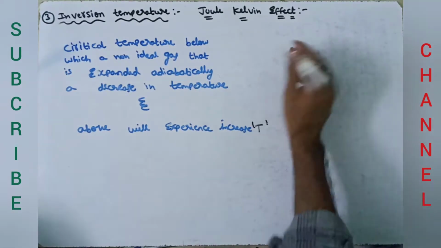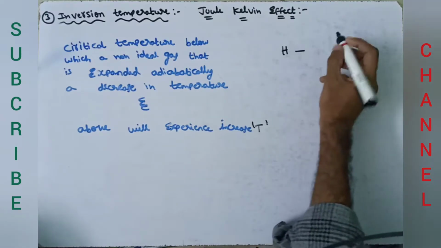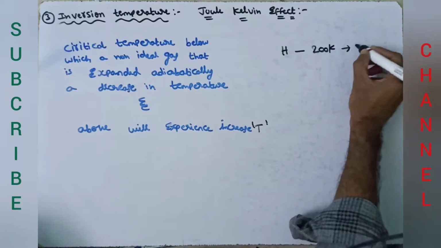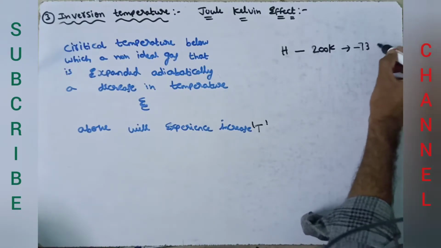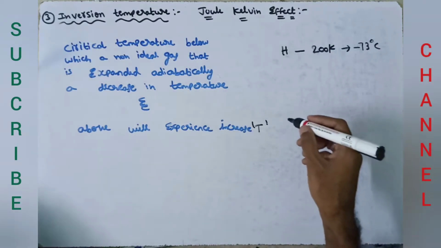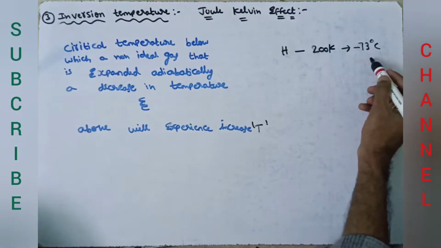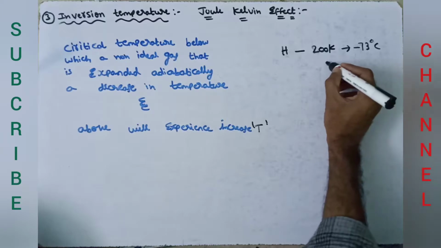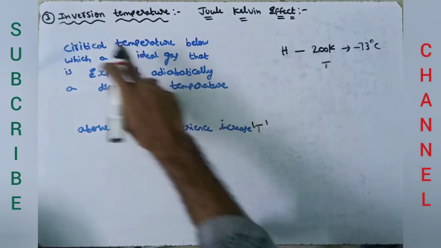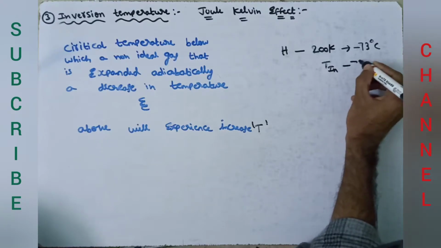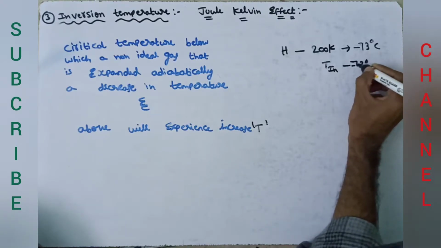For example, for hydrogen gas, the critical temperature is 200 kelvins, which is minus 73 degrees Celsius when converted into degrees Celsius. This is the inversion temperature of hydrogen gas.